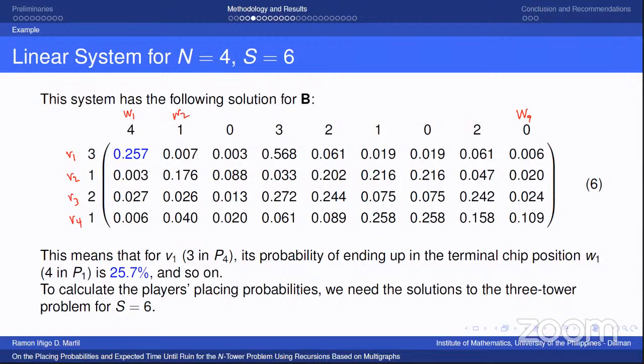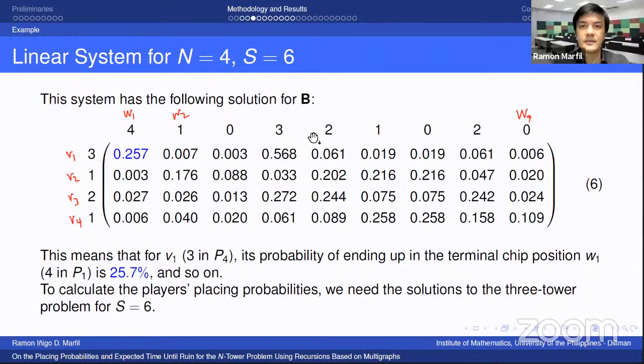So to solve the placing probabilities of each player, we need the solutions for the 3-tower problem. So we apply the algorithm to the 3-tower problem for S equal to 6. We reduce by one player because we have eliminated the player whose wealth is already 0.